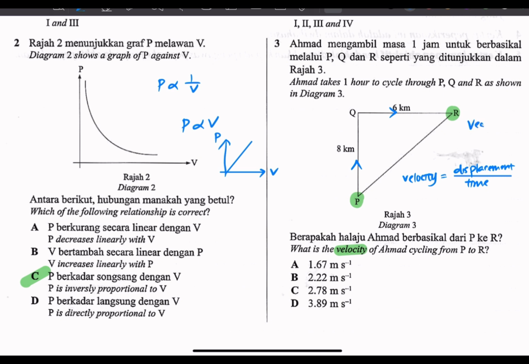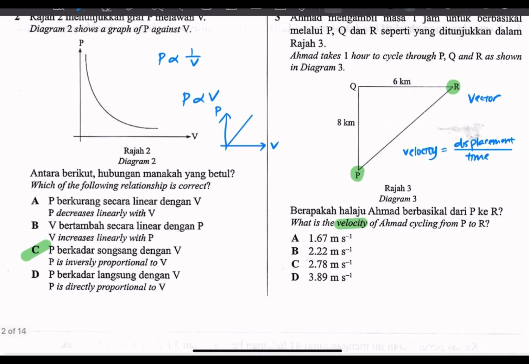Displacement is a vector quantity, so you have to consider the directions also. From P to R, the displacement will be here. So this is the shortest distance connecting P to R. So it's a right angle triangle.